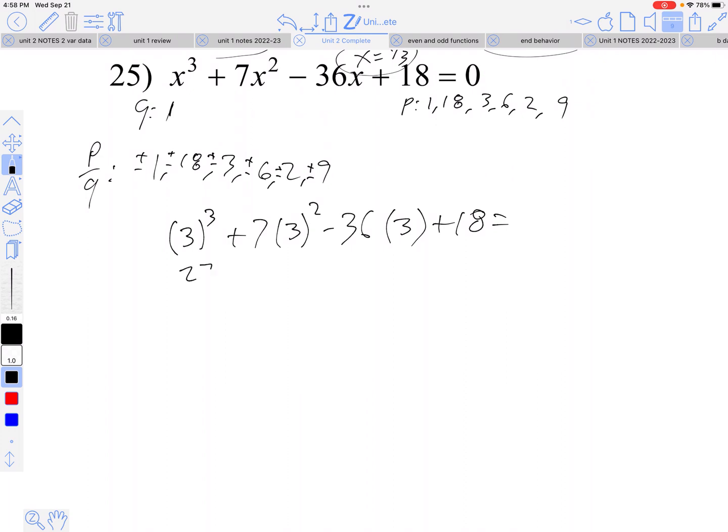So 3 cubed is 27, 3 squared is 9, 9 times 7, 63, and then I have, yikes, negative 36 times 3, that's 18, 3 is 9, 108.